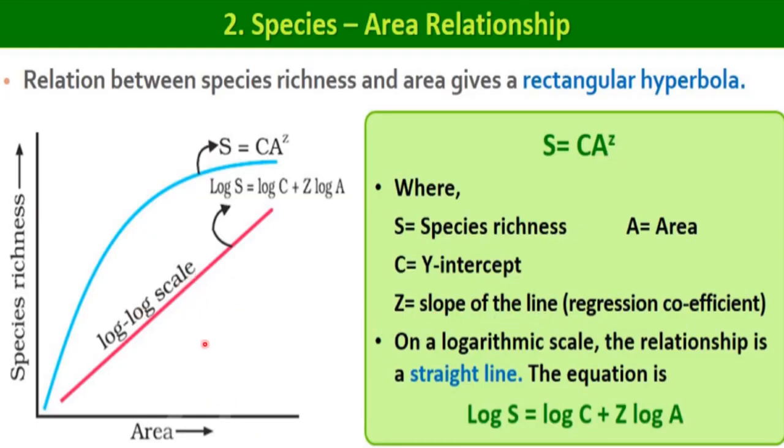The slope of the line is also called the regression coefficient. On a logarithmic scale, the relationship is a straight line. If you apply the logarithm on this equation, it becomes log S = log C + Z log A, right? So this is the logarithmic equation for the species area relationship curve.